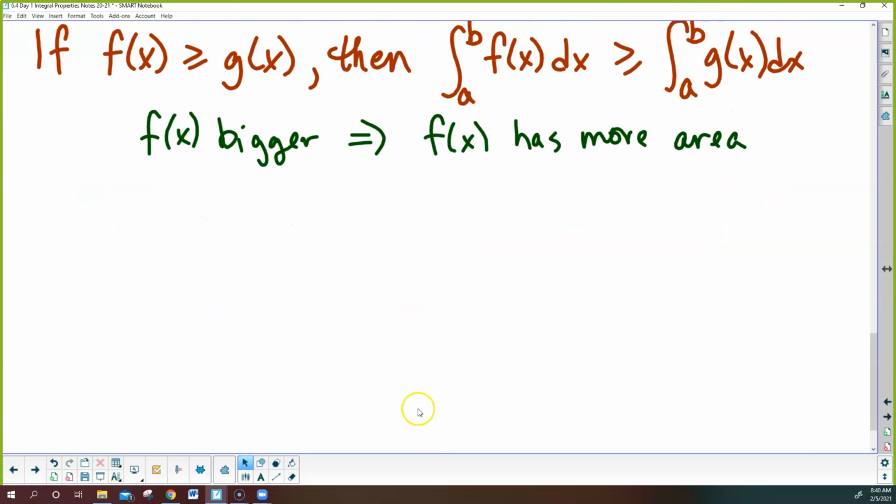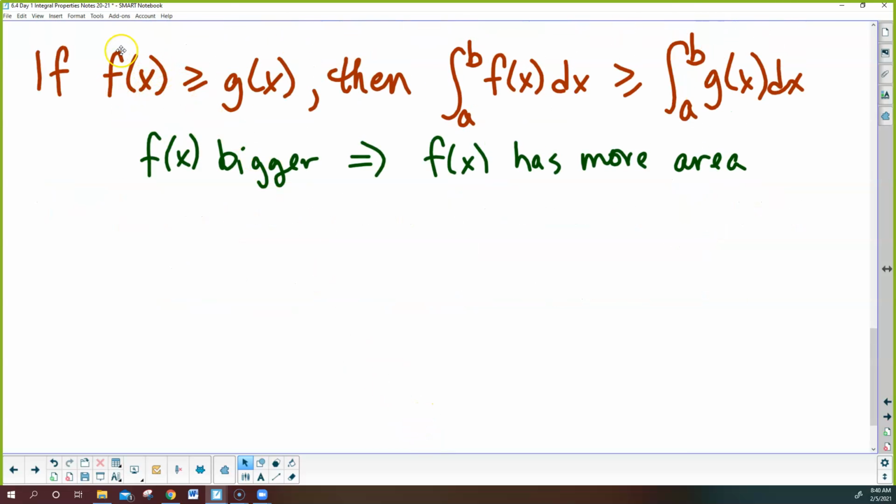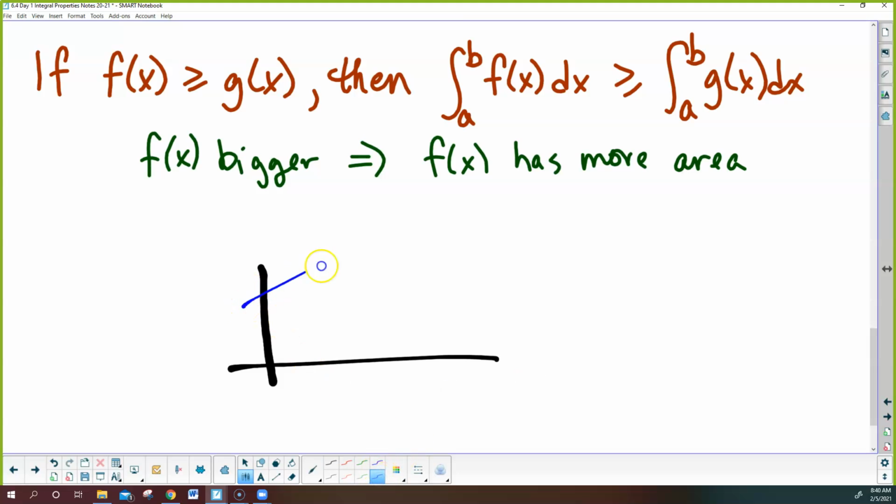So what if you know that just the function, notice there's no integral symbol, so what if f is greater than g? Let's draw this graphically and just kind of think of this. So what if f goes like this? And on the entire domain, f will always be greater than g. And then g is somewhere right here. Okay?